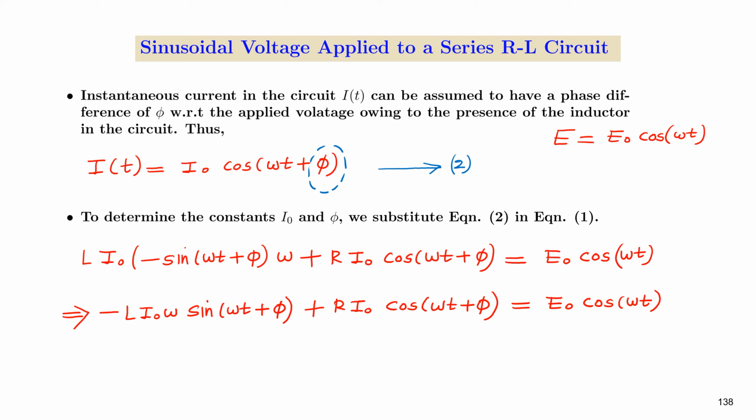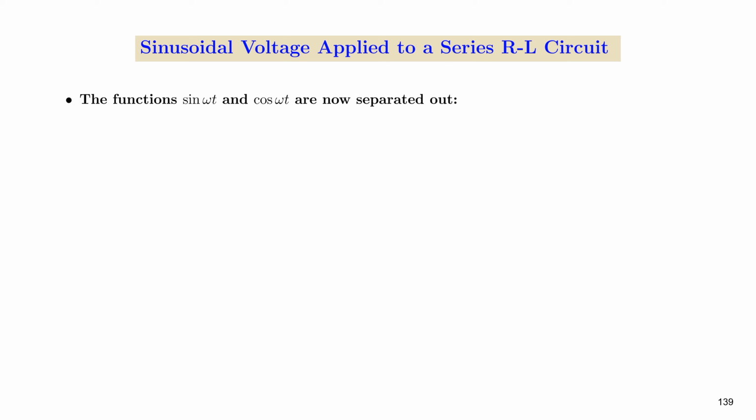In the next step, we have to separate out sine omega t and cos omega t. For that, we'll make use of the trigonometric identities for sine(a plus b) and cos(a plus b), and we will expand the previous equation as minus of L I0 omega times [sine omega t multiplied by cos phi plus sine phi multiplied by cos omega t].